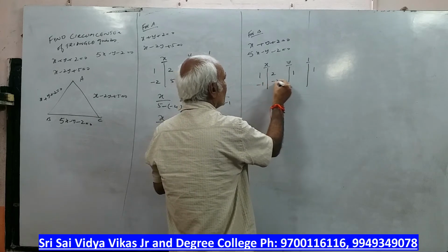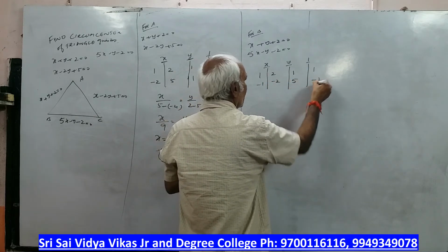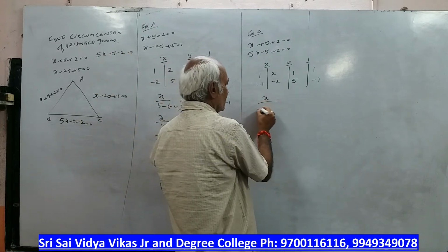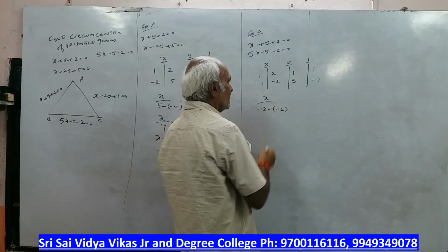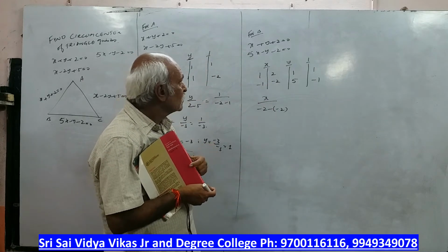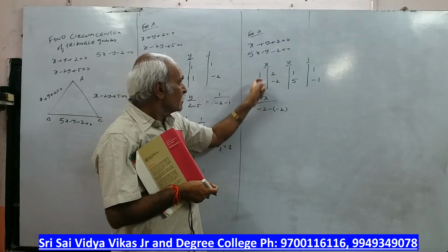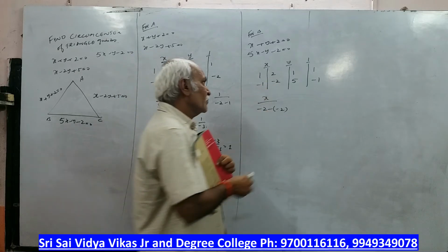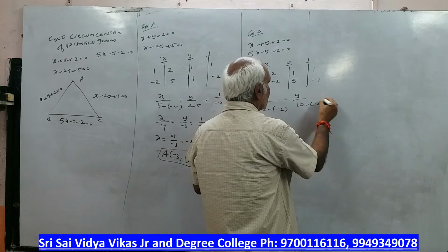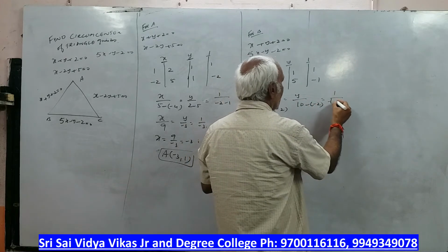Minus 1, minus 2, 5, minus 1. Okay, so x by minus 2, minus of minus 2. Observe here. Correct. x by minus 2, minus of minus 2 is equal to y by 10 minus of minus 2 is equal to 1 by minus 1 minus 5.